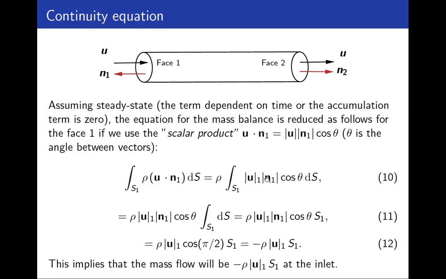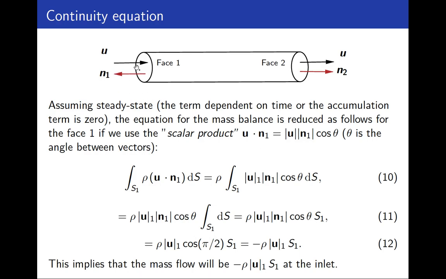The magnitudes of the vectors are constant, so we put them outside of the integral, and then we only have the integral of the surface S1, which is pi multiplied by the radius of this circle to the exponent 2. Now we need to estimate this angle.